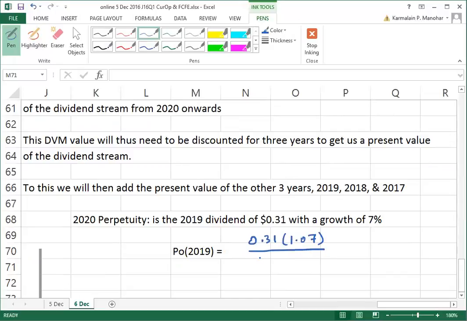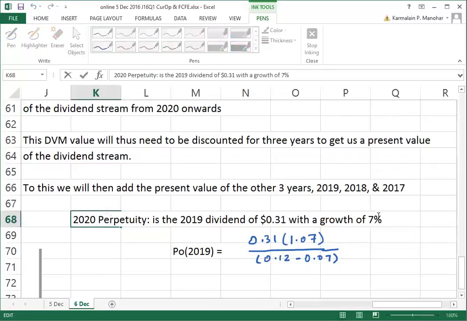R was at 12%, so 0.12 minus 0.07. I'll probably just put back k equals 12%.